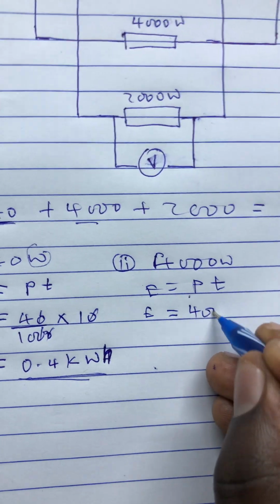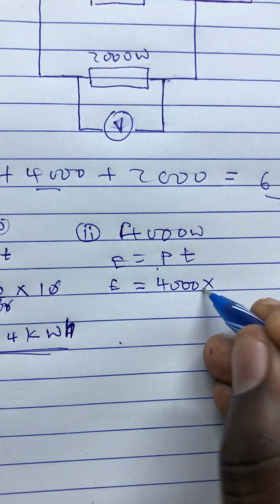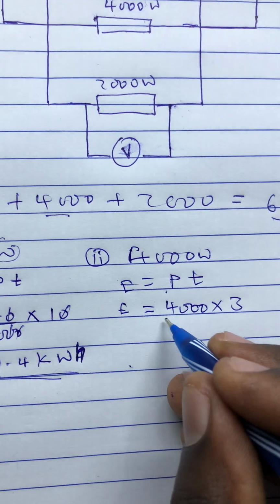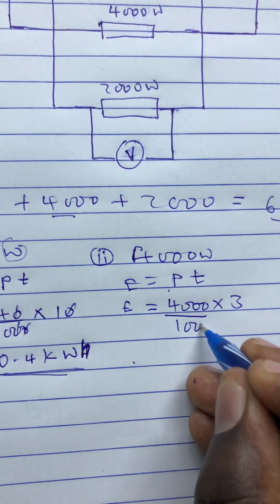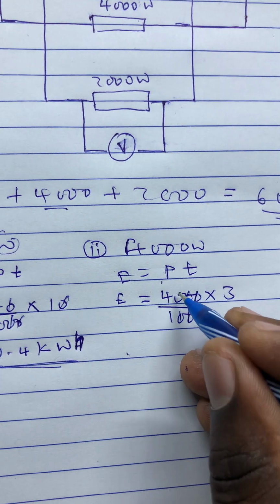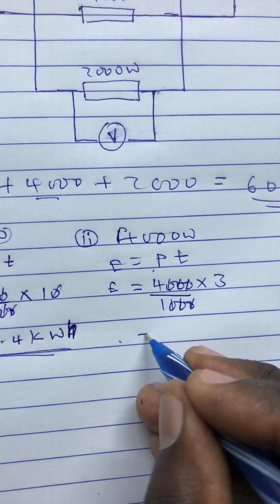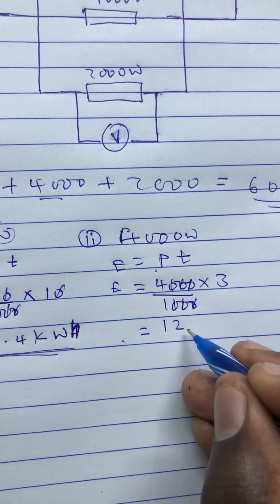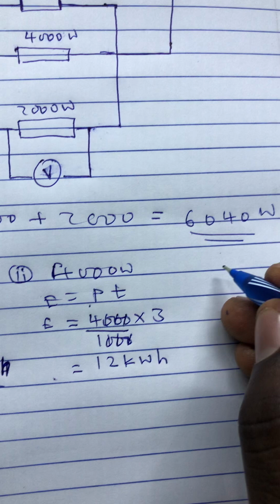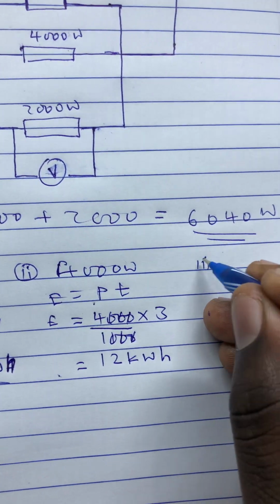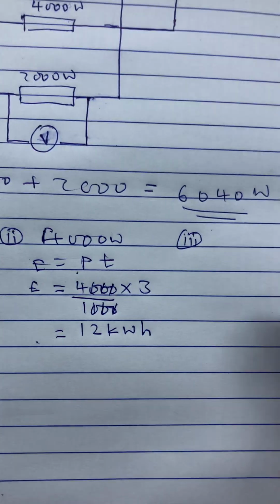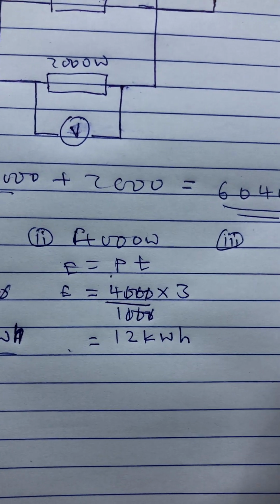It was 4,000, multiplied by, for how long did it work in a day? 3 hours. And then I'm going to divide by 1,000. So 3 zeros, 3 zeros, and then 4 will be multiplied by 3, which is going to give us 12 kilowatt hour. Right now I'm just calculating the energy, and after that we're going to calculate the electricity cost.